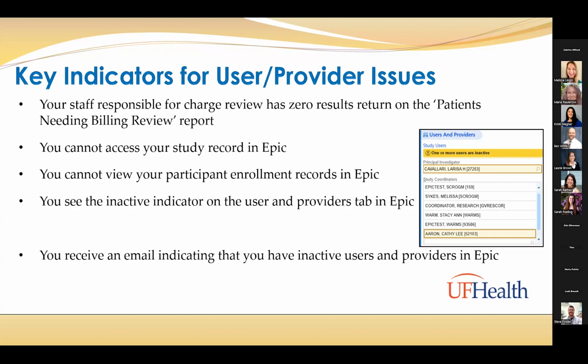Also, we do have an automated batch job that sends emails out that says, hey, your department might have inactive users and providers on this particular study. If you haven't received one, it either means you're good to go or we haven't set that up for your specific department. And if that's the case, we can look into doing that for you.